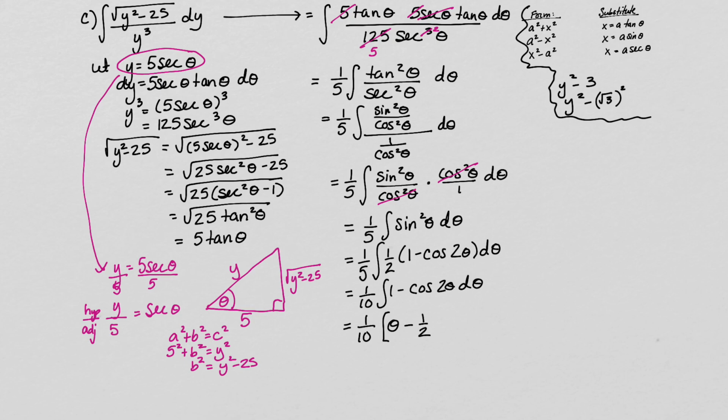So it's going to be 1/2 the sine of 2 theta plus c. Okay, so I've made it back to thetas. Now I just have to make it from thetas back to x's, which is actually a little bit tricky here.